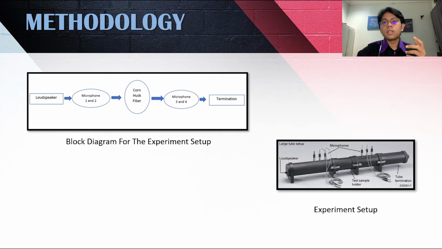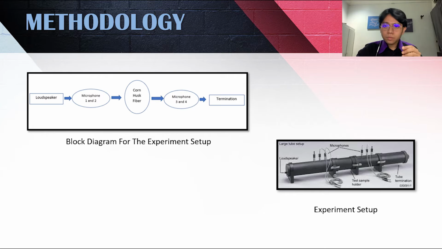Before experimenting, the calibration must be performed. Okay, the first parameter that we need to analyze is the sound absorption coefficient. Microphones 3 and 4 are not used to measure this parameter, but for the second and third parameters, which are transmission loss and insertion loss, microphones 3 and 4 will be used to measure the data in 1/3 octave frequency.